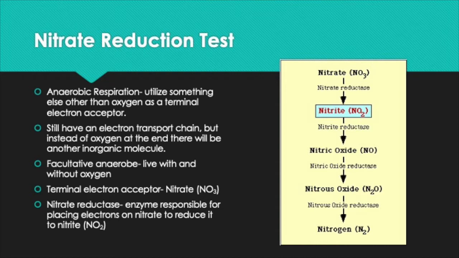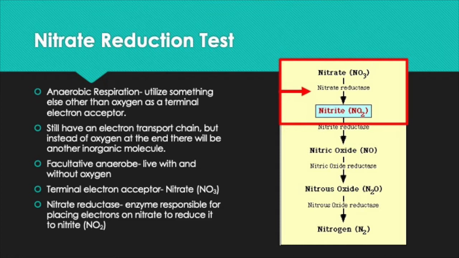So anaerobic respiration, our NO3, our nitrate, is serving in place of the oxygen. So the nitrate is sitting at the end of the electron transport chain. The used up electrons are placed onto nitrate, reducing it, because that's what reduction is. We're adding electrons to the nitrate, and reducing it to nitrite. So here is the first part of that reaction. This right here is nitrate reduction. Okay, just that small part is nitrate reduction.